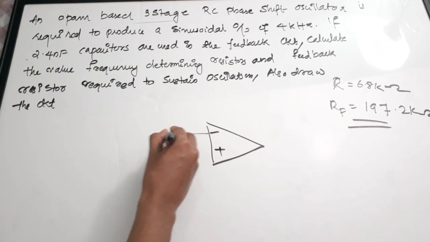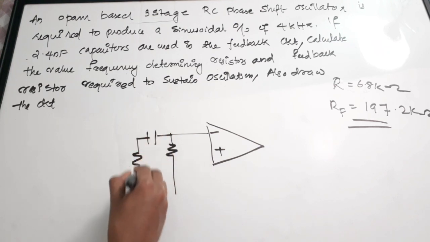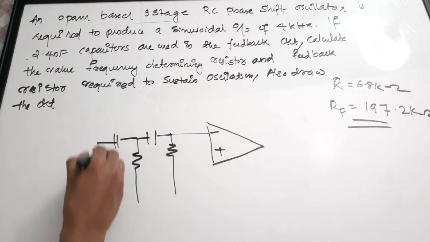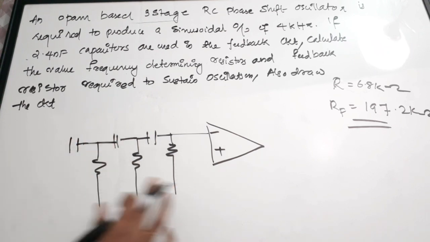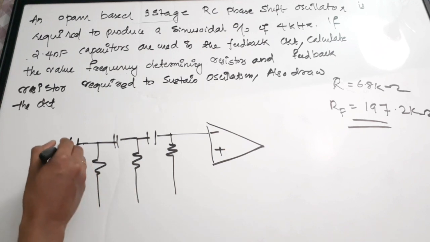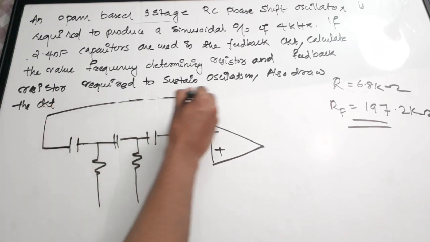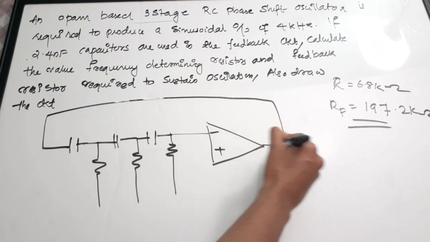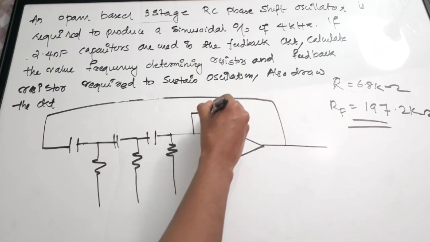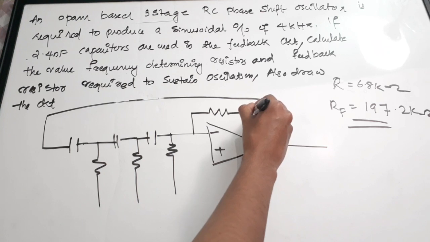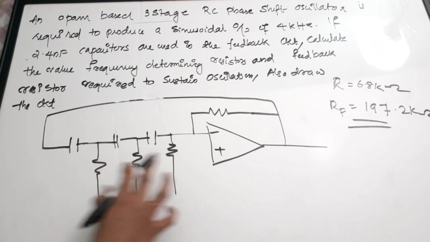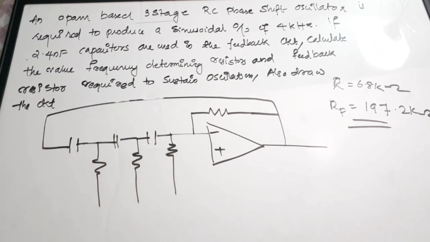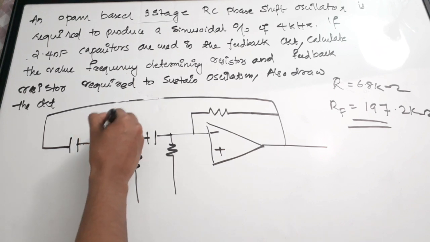There is an R, then a C, R, C, then again an R, again a C. So these are the three RC stages, 1, 2 and 3, and this one is connected to your output side. And there is a feedback resistance whose value we have found, and that is also connected here. So this is your feedback resistance, and these are the RC stages, 1, 2, 3 stages. That's why the N value is equal to 3.